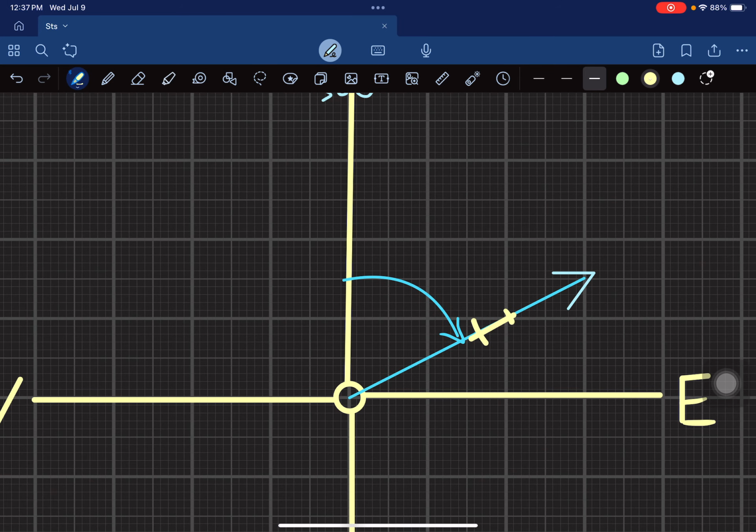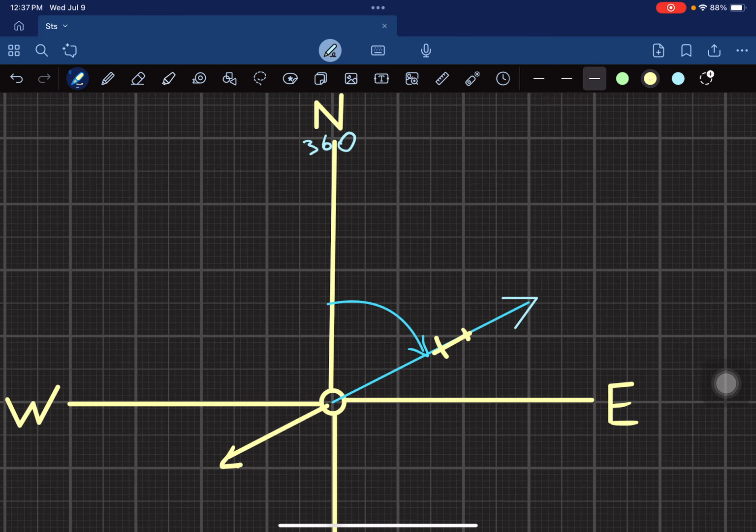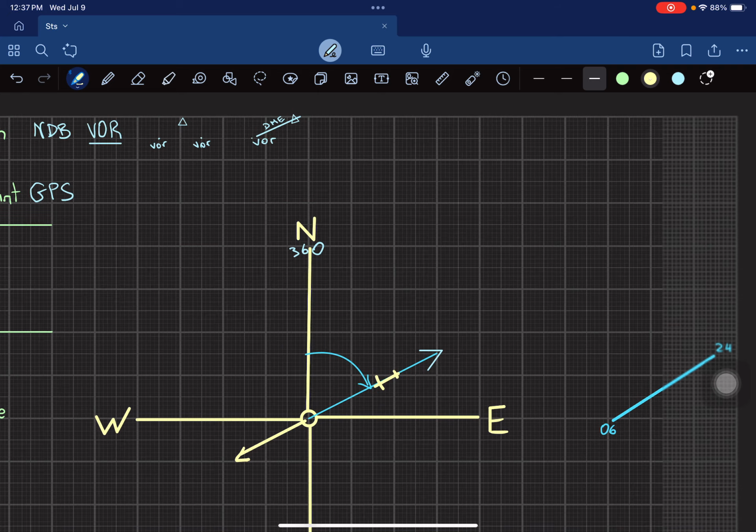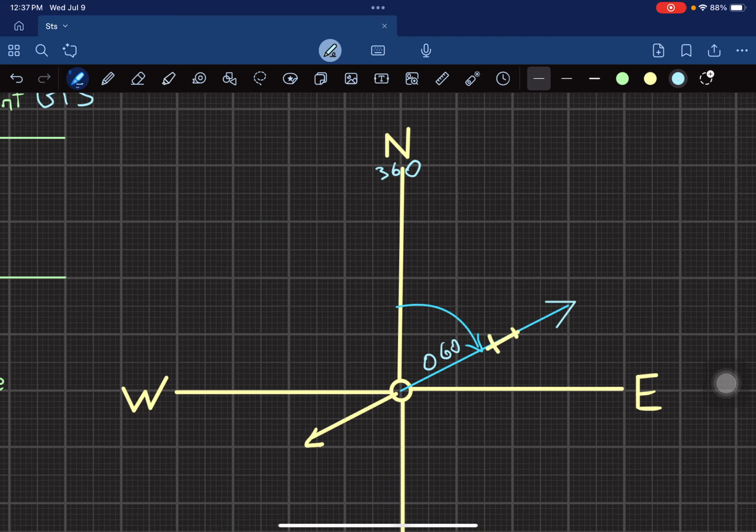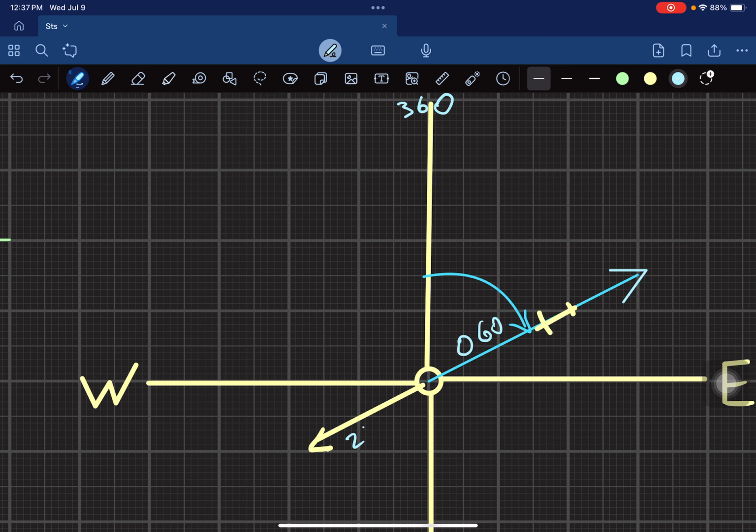So your inbound course is going to be the reciprocal of your radial. For example, if this radial is 060, your inbound course is going to be 240.